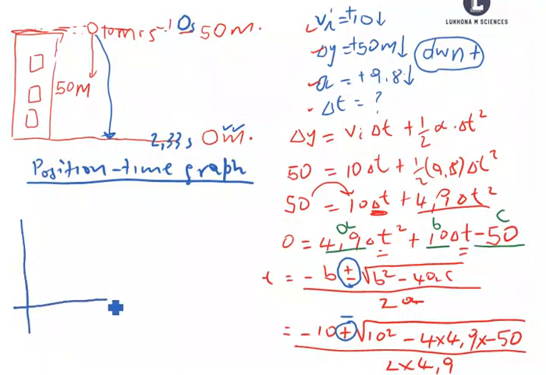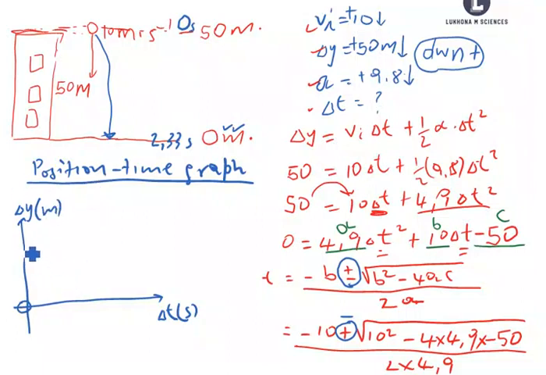So this is 0, this is time, that is x in seconds, then y is position, so our y is delta y in meters. You can just write position in meters.